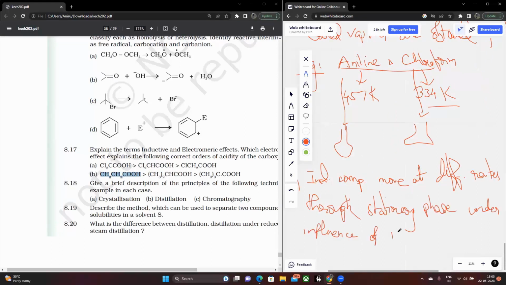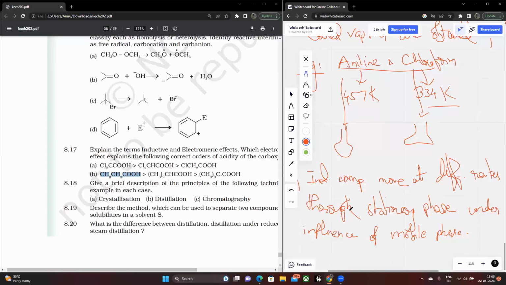So what this basically means is that if you have a mixture of 2, 3, 4 things, they move at different rates through a solution which is passed through another solution, because the affinity of each component to the two different solutions differs.